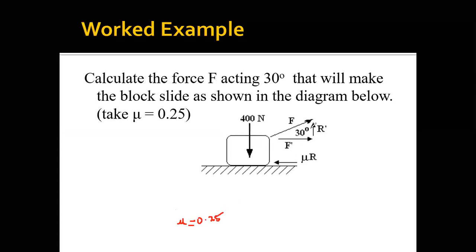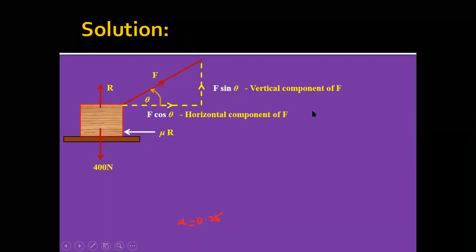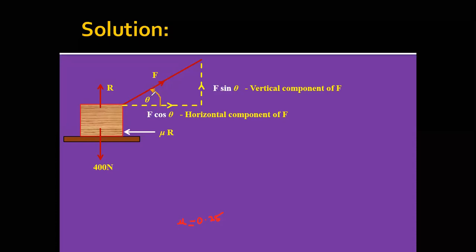Okay, so let's go to the next slide. Yeah, so we have our force acting at 30 degrees. That too we know. The force was acting at what? 30 degrees. This is 30 degrees here. Okay, good. And then mu is being given as what? Mu is 0.25.